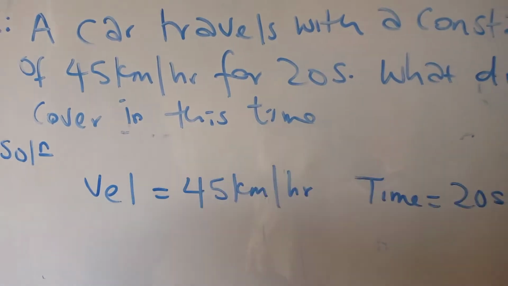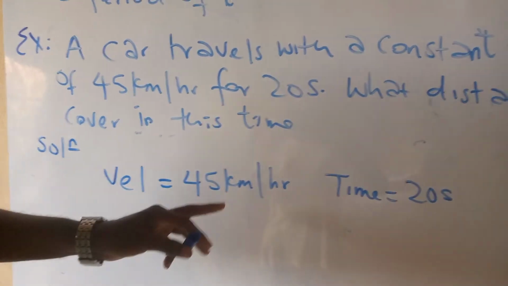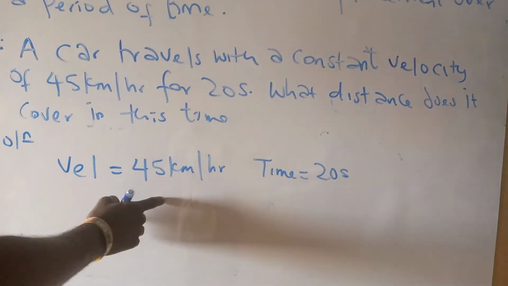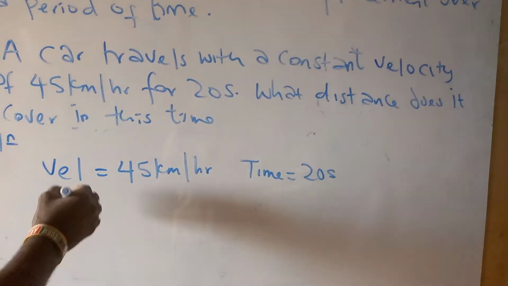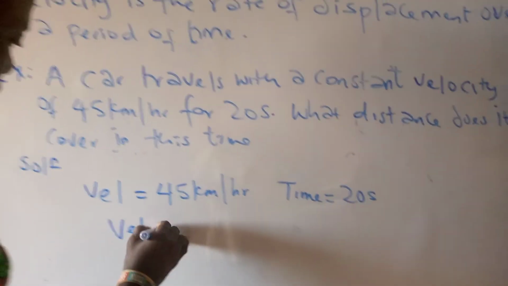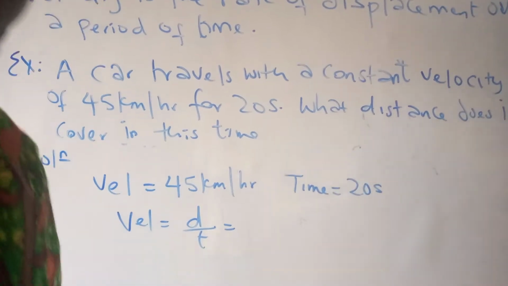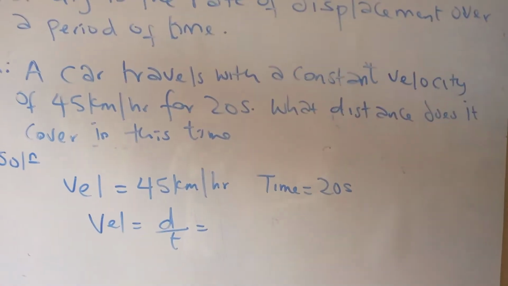And you know the SI unit is meter per second. So this is kilometer per hour and there is no meter. So you need to take this away from here. Velocity is displacement over time, which is also distance. You can call it displacement.